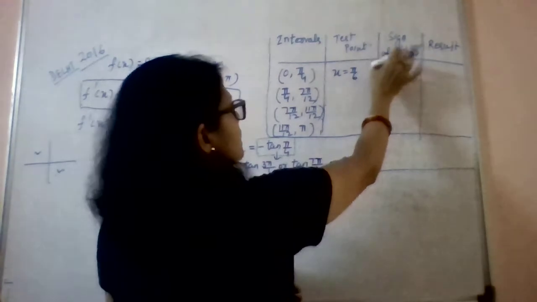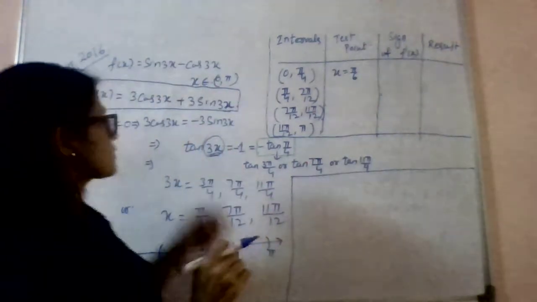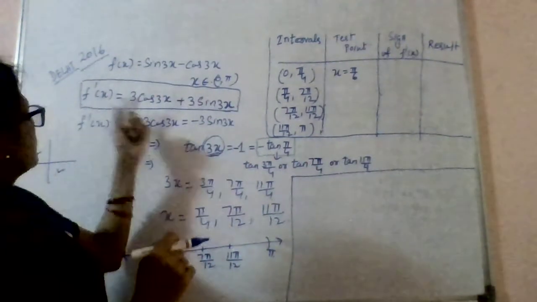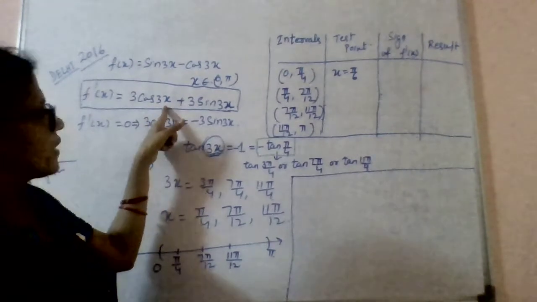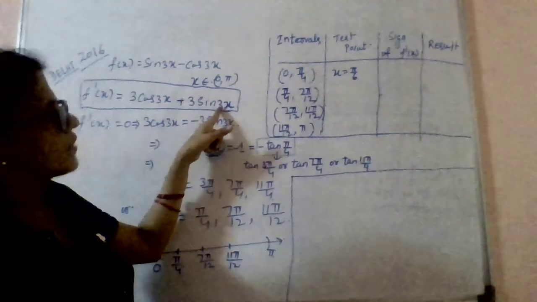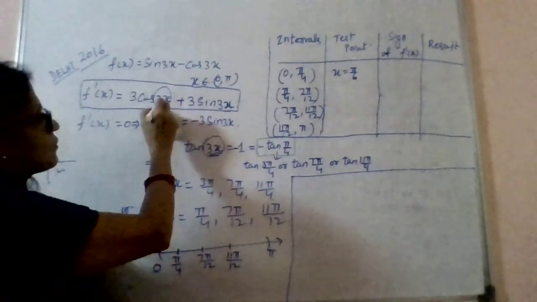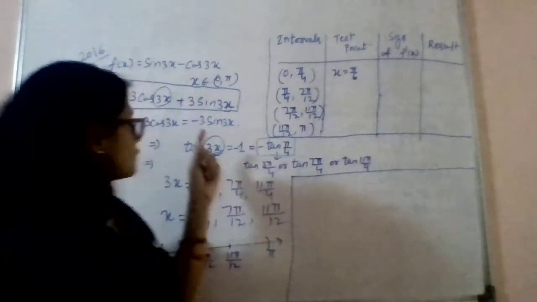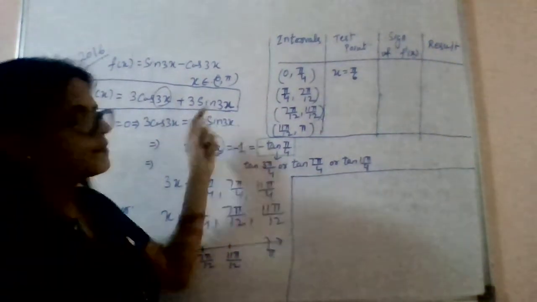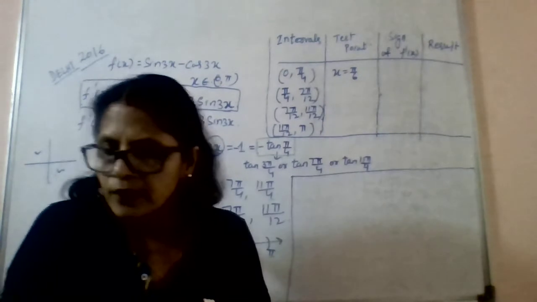Now let's check the sign of f dash x. f dash x is this one, 3 cos 3x plus 3 sin 3x. When x is pi by 6, 3x will be pi by 2. So cos pi by 2 is 0, then 3 into sin pi by 2, and sin pi by 2 is 1.